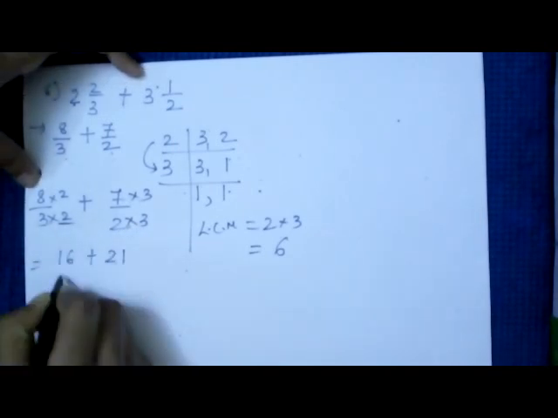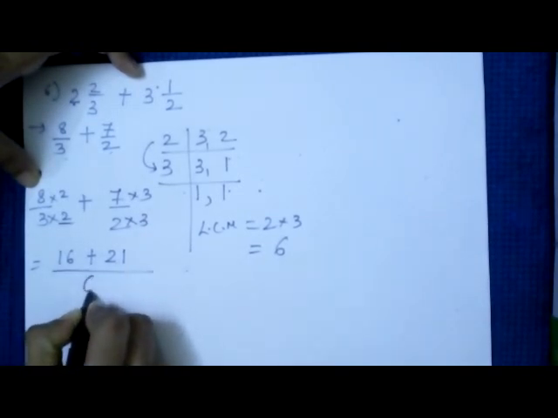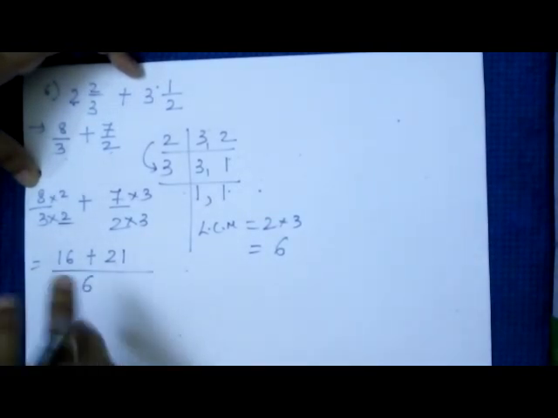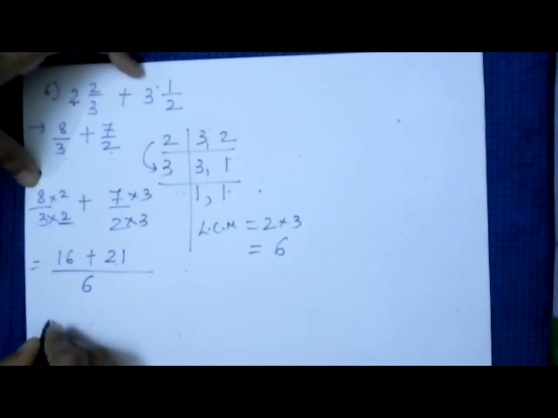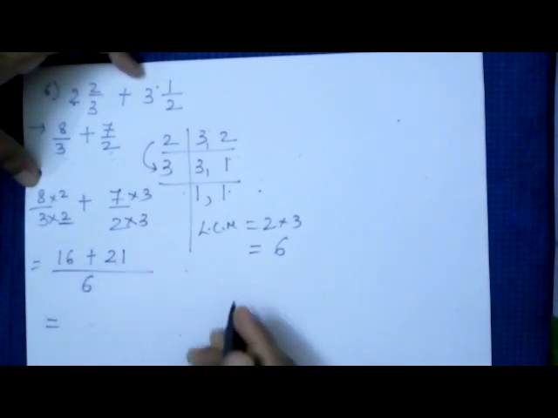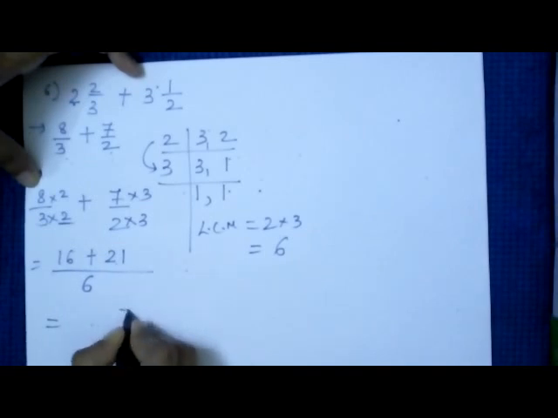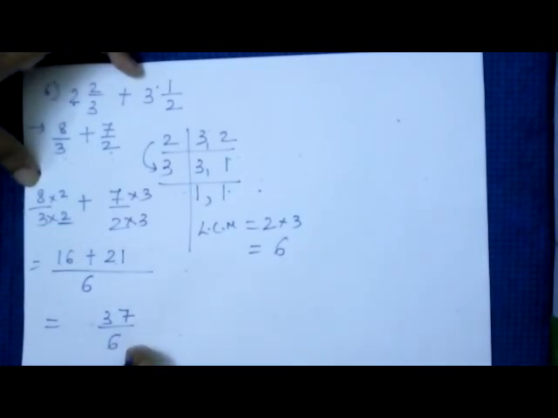So the denominators are the same, so we write it only one time, whole upon 6. Now add 16 plus 21. 6 plus 1 will be 7 and 1 plus 2 will be 3. So 37 upon 6. This is our answer of the sixth one.